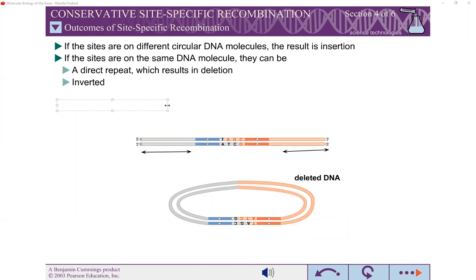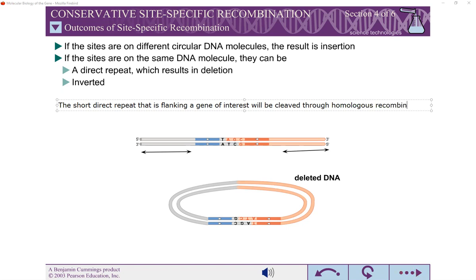The short direct repeat that is flanking a gene of interest will be cleaved through homologous recombination in such a manner that the gene of interest will be expelled out.